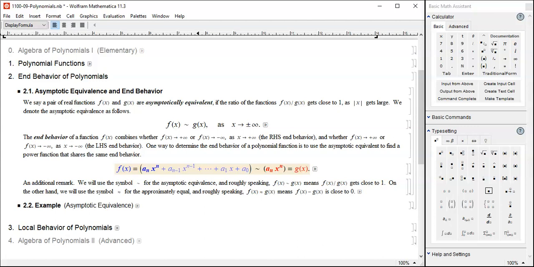So, the asymptotic equivalence computation we have to do in this course is basically just disregarding all the lower degree unimportant terms and simply taking the leading term. That's the only thing you have to do here in this course. So it's an easy computation. Conceptually, it's not easy.